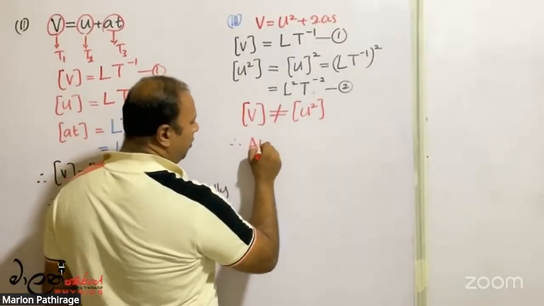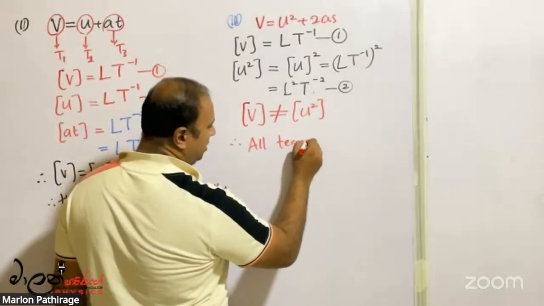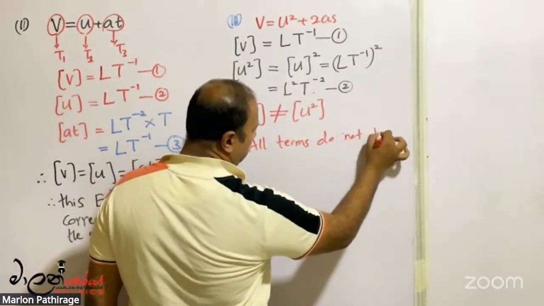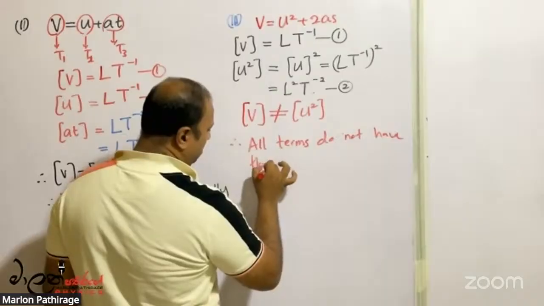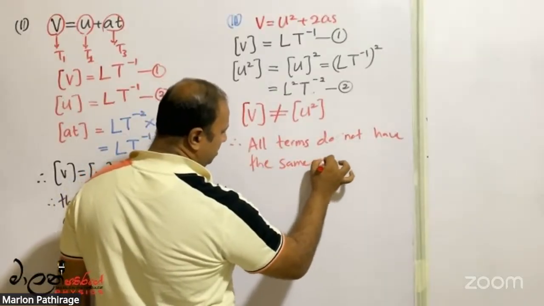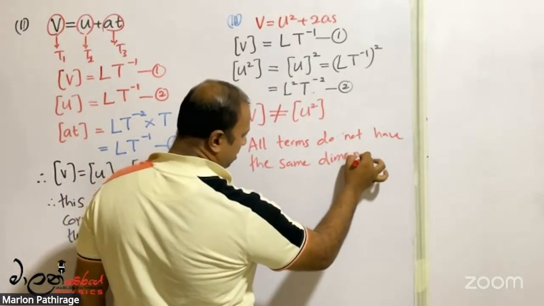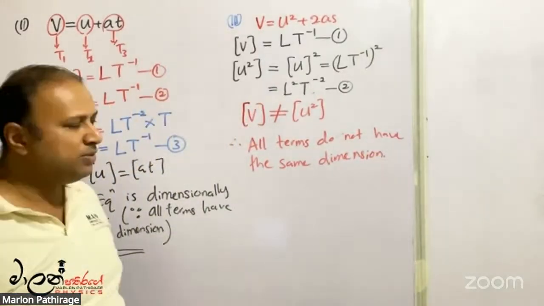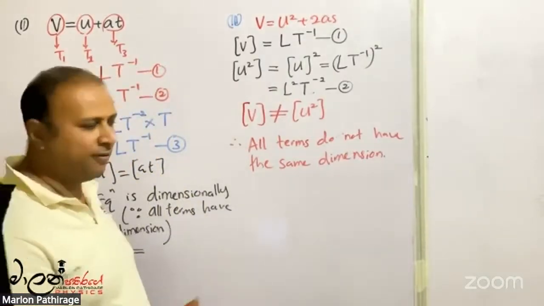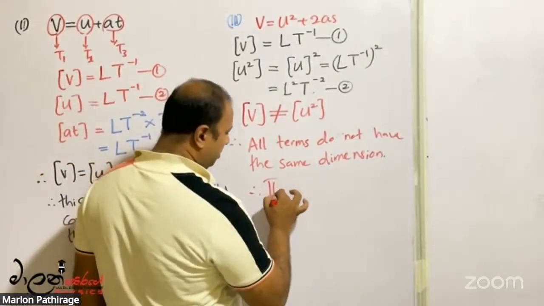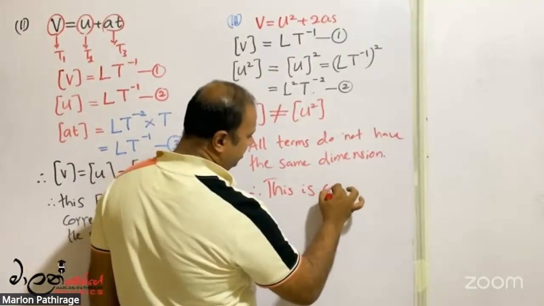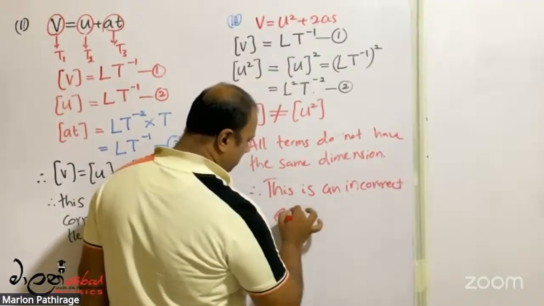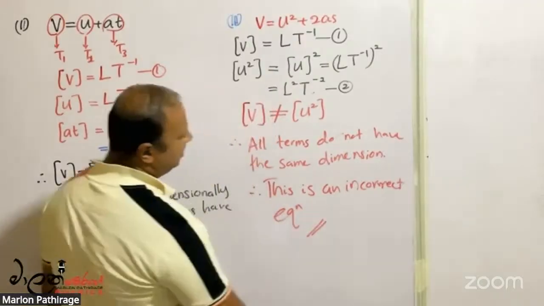Therefore, all terms do not have the same dimension. Therefore, this is an incorrect equation.